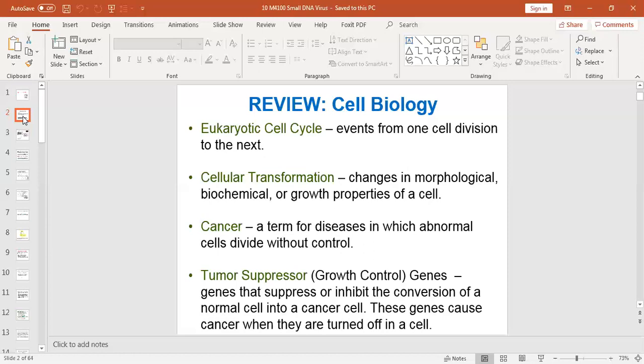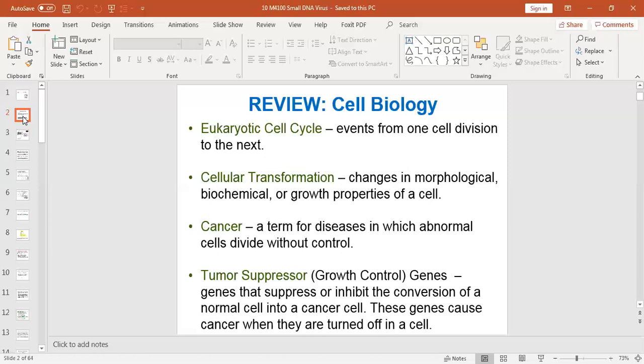Then we have tumor suppressors. These are genes and the gene products, meaning the genes will be translated into proteins. Those proteins are regulators of cell growth, meaning that once they are activated, they prevent the growth of or conversion of a normal cell into a tumor cell.